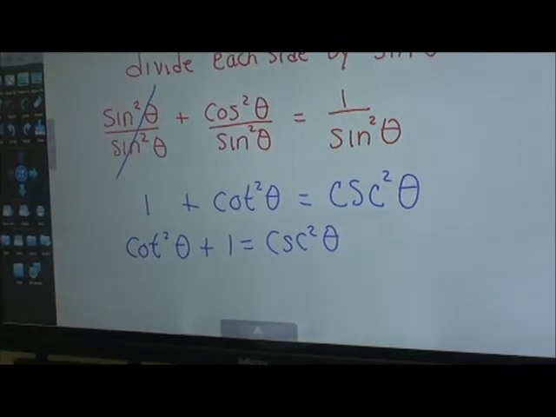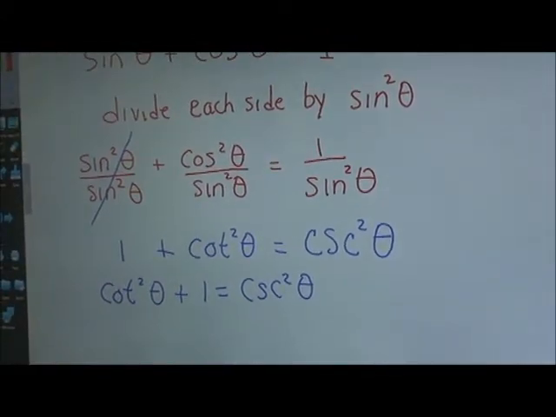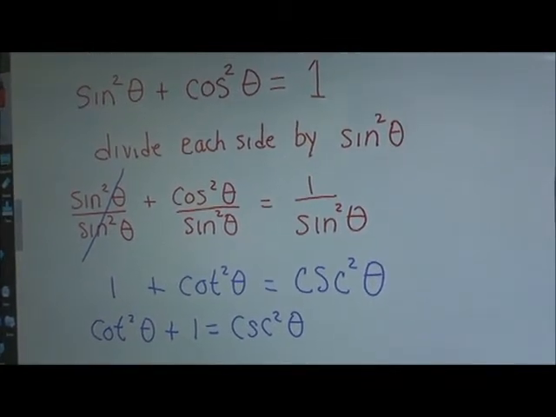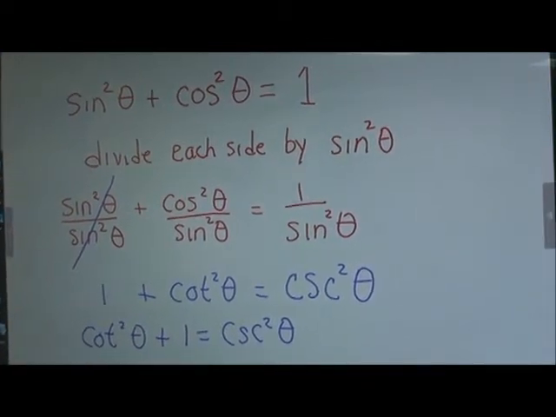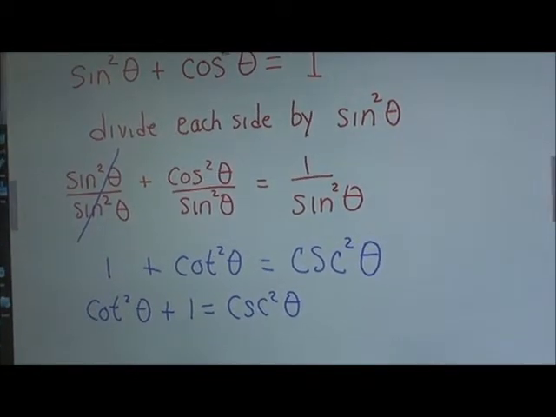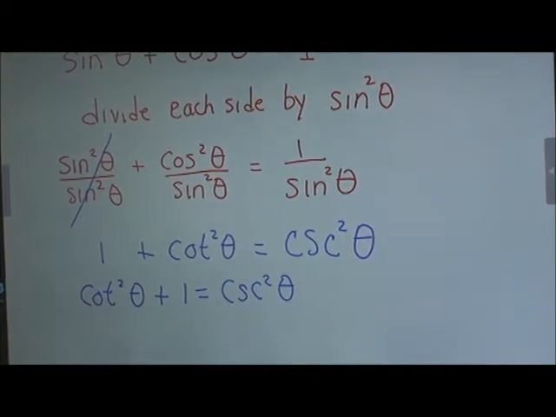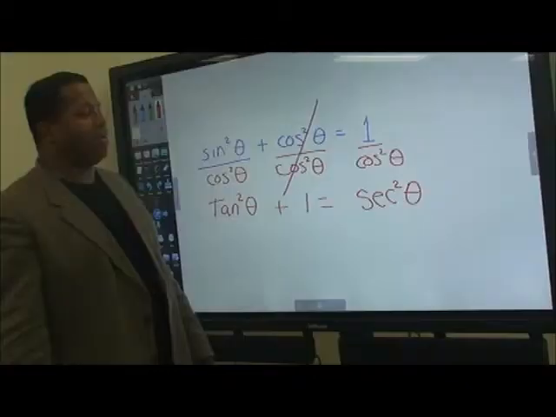Now, this also comes from the original reciprocal identities: 1 over sine squared theta is cosecant squared theta, and cosine squared theta divided by sine squared theta is one of the quotient identities.